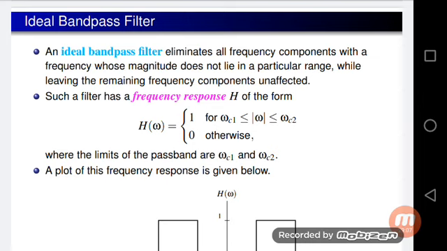ideal band pass filter. An ideal band pass filter eliminates all frequency components whose magnitude does not lie in a particular range, while leaving the remaining frequency components unaffected.